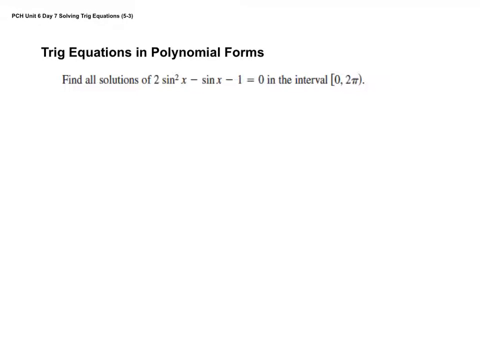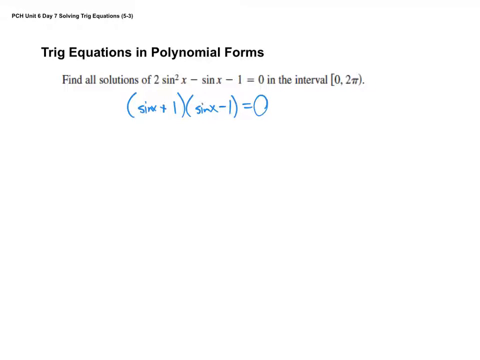Since this is a polynomial, I'm going to factor it. I'm going to have something sine of x, something sine of x. The only way I can factor that minus 1 is to do a plus 1 and a minus 1.